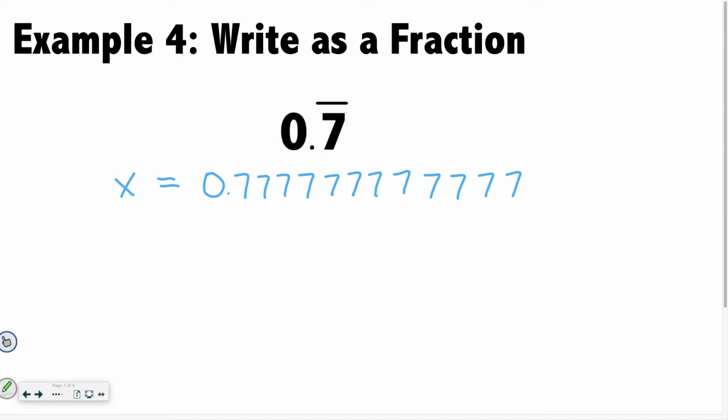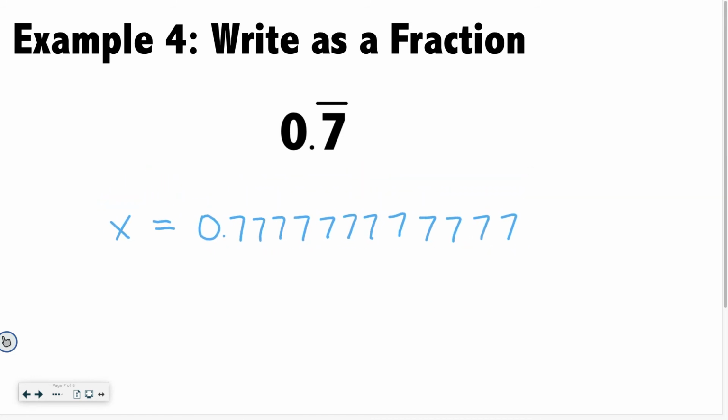So in this case, x equals 0.777, and I wrote just a lot of sevens, right? Then I want you to write 10x above it, and then if you multiply that blue number, 0.777, by 10, remember all that does is move the decimal place.